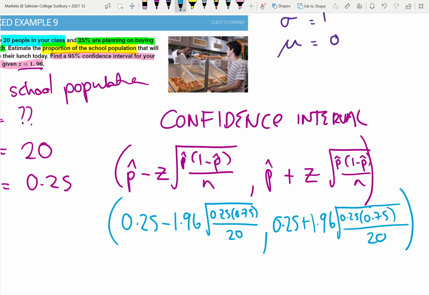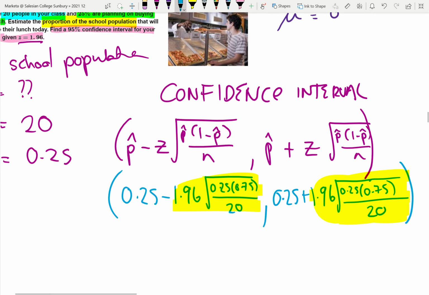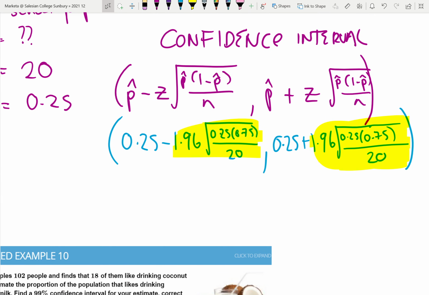And look, you might like to work out what this part of it is so that you can just plus or minus it. I've put it into the formula there so you can see how it works a little better, but by all means do that first. It'll make it a little easier.